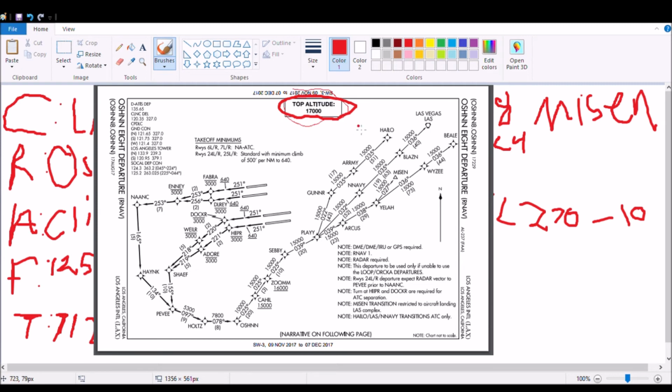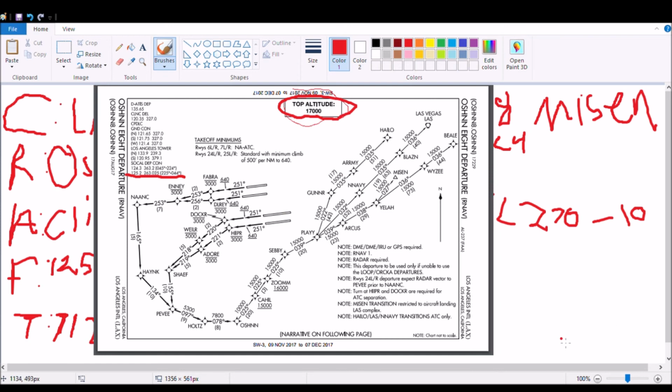So climb via the SID means follow all the points and the restrictions all the way up to the top altitude. Also, the departure frequency is right here, the one that's underlined. So it's not really that hard when they say climb via the SID. Just look at the top altitude if there is one, and then just follow the restrictions.